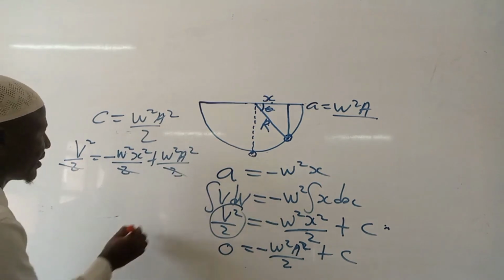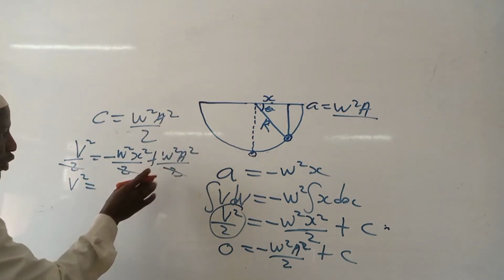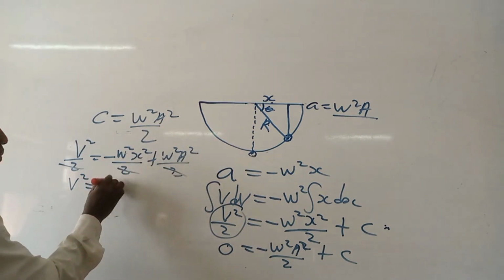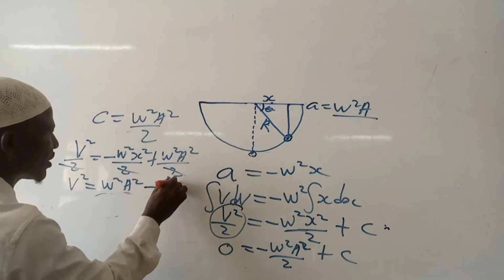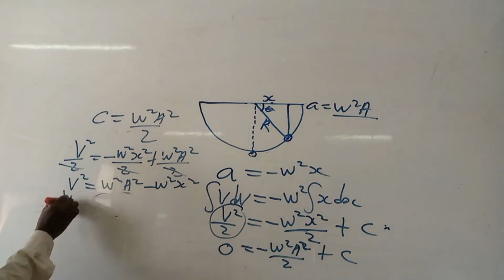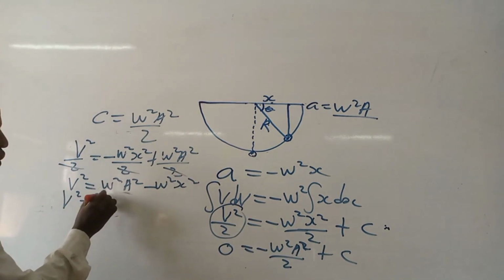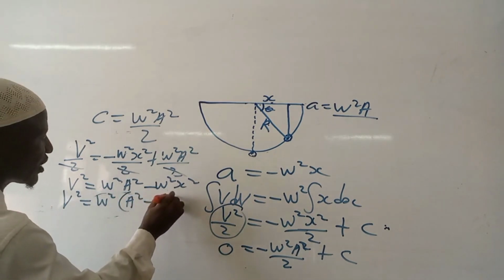This one will cancel this. So we have v square is equal to, write this one first, plus omega square a square minus omega square s square. Then omega square is common. Let's factor it out. Therefore, v square is equal to omega square open bracket a square minus s square.